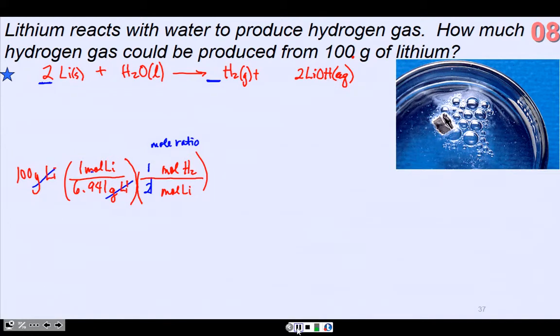And so at this step, the moles of lithium have canceled out, and we haven't got to the correct answer yet because we still want to know the amount of hydrogen. So we have to determine how many grams that will be. So the first step we used was a molar mass. The last step is also a molar mass. And in this case, how many grams there are per mole of hydrogen.